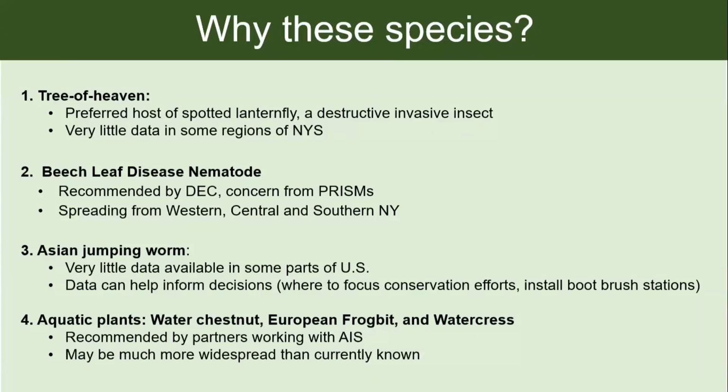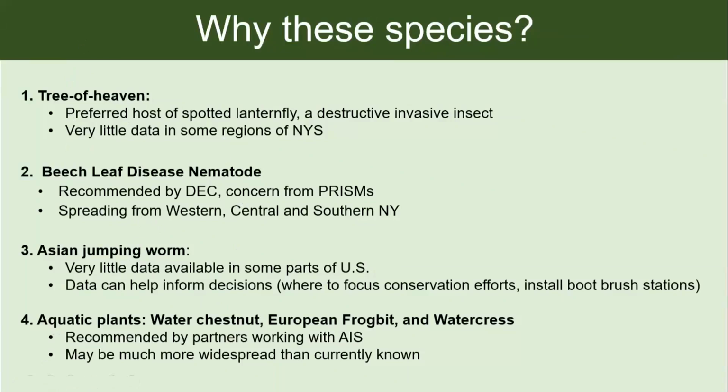So the challenge centers on a list of focal species. We've got three individual terrestrial species and then this group of three aquatic plants. I won't go through the details of all of them right now since we'll hear a lot of that from presentations later.